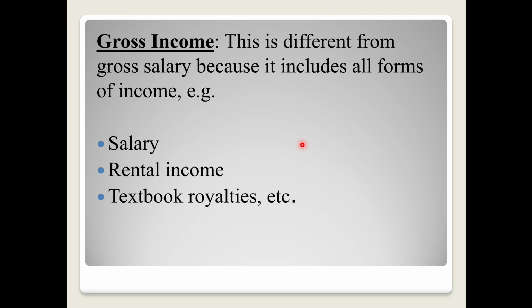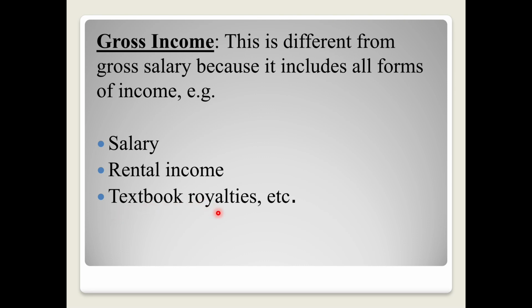So gross income, this is different from gross salary because it includes all your forms of income. Gross salary is just the salary that you earn. Gross income is all the different sources of income. The rental, or if maybe you are quite good and you write a textbook, so you get royalties.